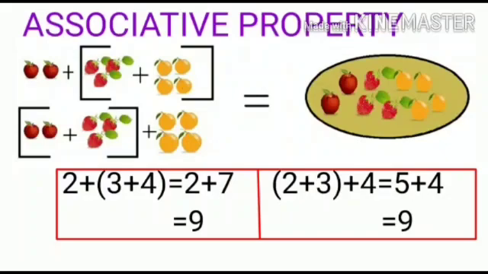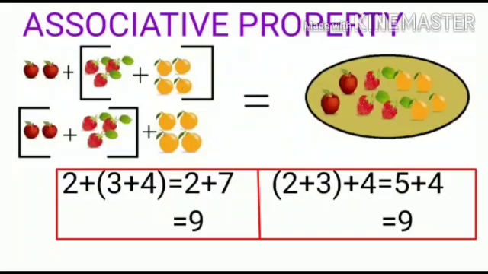Now we are going to add these three integers 2 plus 3 plus 4. By BIDMAS rule, first we have to add 3 plus 4 which is equal to 7, and then the result 7 is added to 2, that is 2 plus 7 is equal to 9.